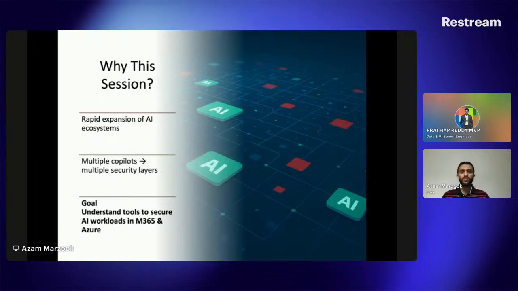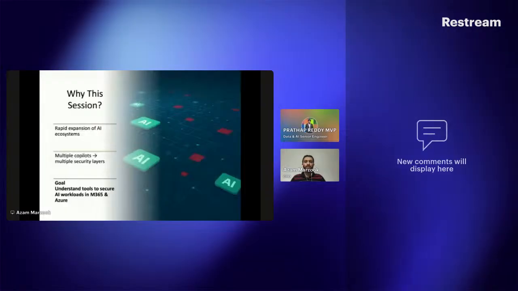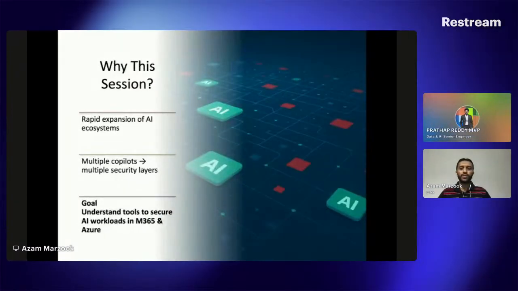It was just a few generative AI based tools that were available, but now there are agents and multiple levels of agents. So we need to have a full understanding. Even IT admins and managers who want to adopt AI need to understand the security risks as well as the capabilities that the solution has from Microsoft.